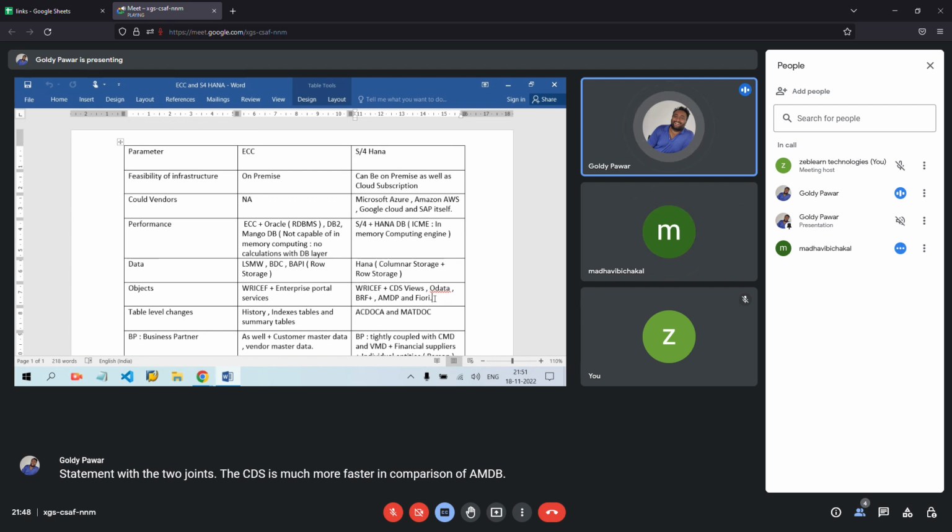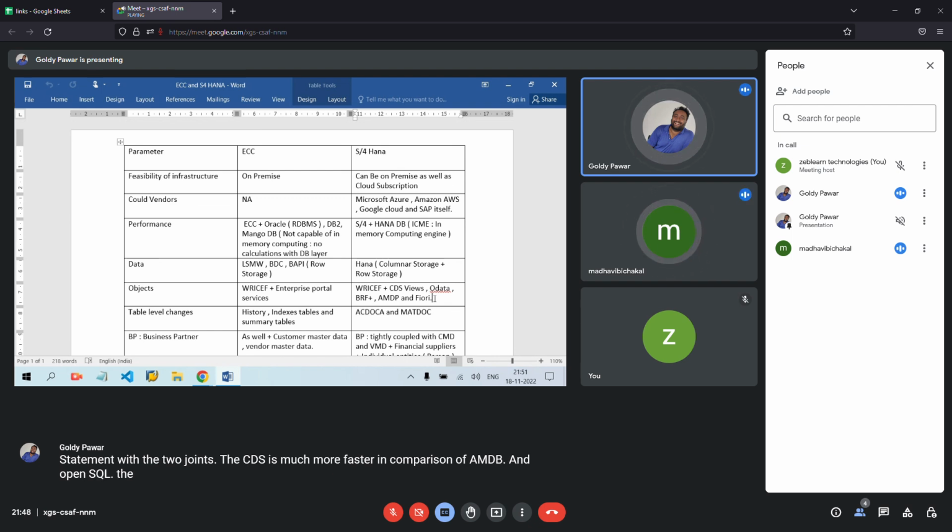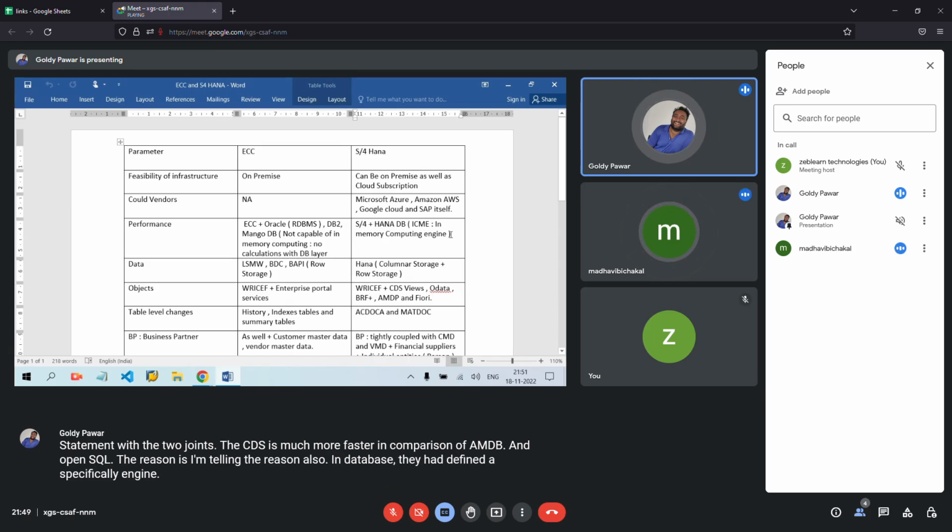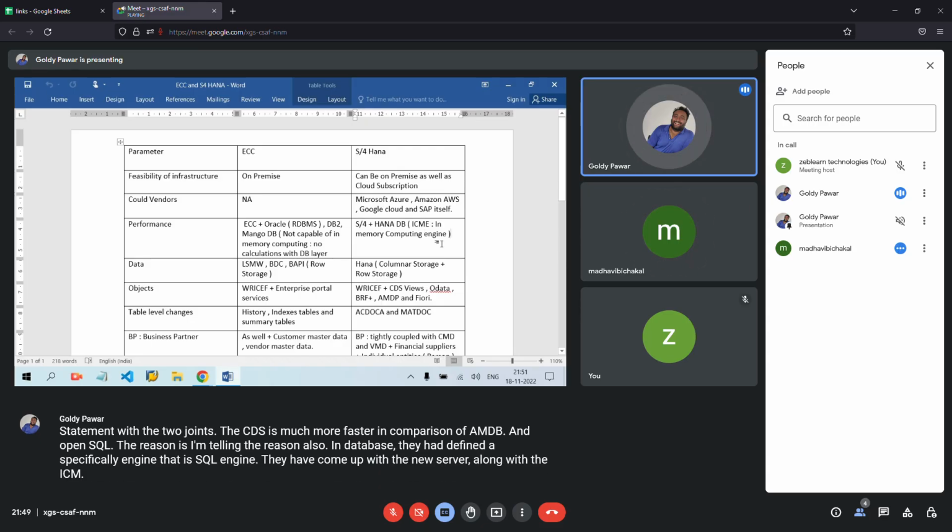and Open SQL. I will tell you the reason also. In the database, they defined a specific engine, that is the SQL engine. They came up with the new server along with the ICME. There is one more engine there, that is the SQL engine.